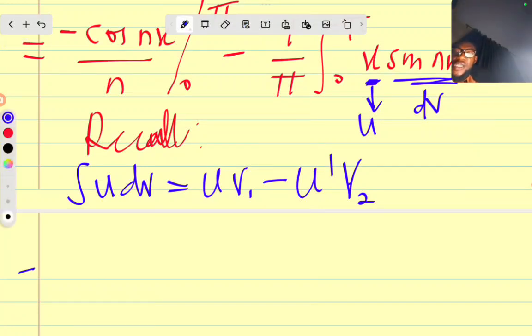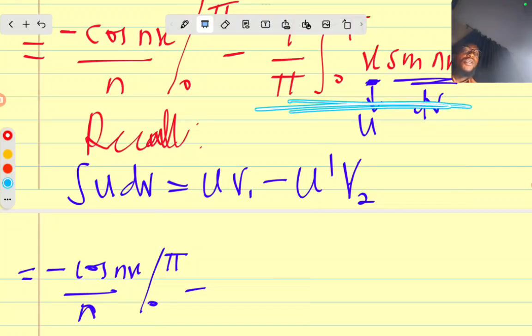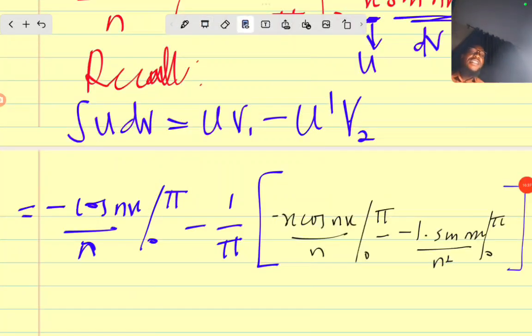So this is equal to minus cos nx over n from 0 to pi, minus, if I solve for this one over here, this is what I'm going to have directly. So after integrating by parts, this is what we're going to have now.